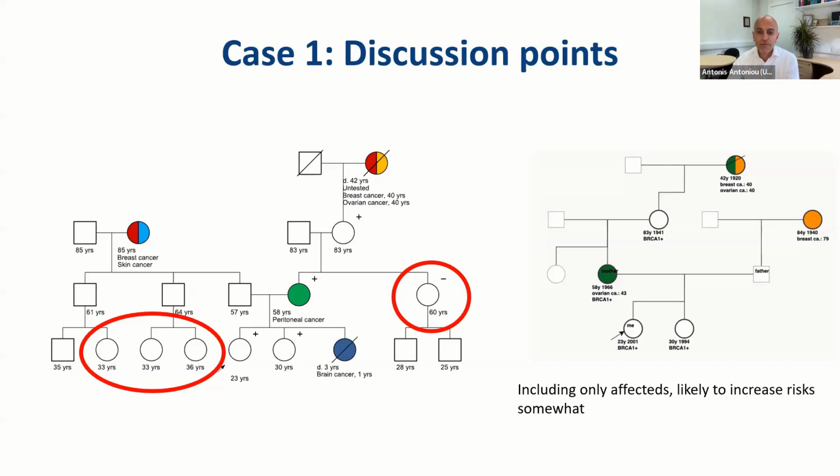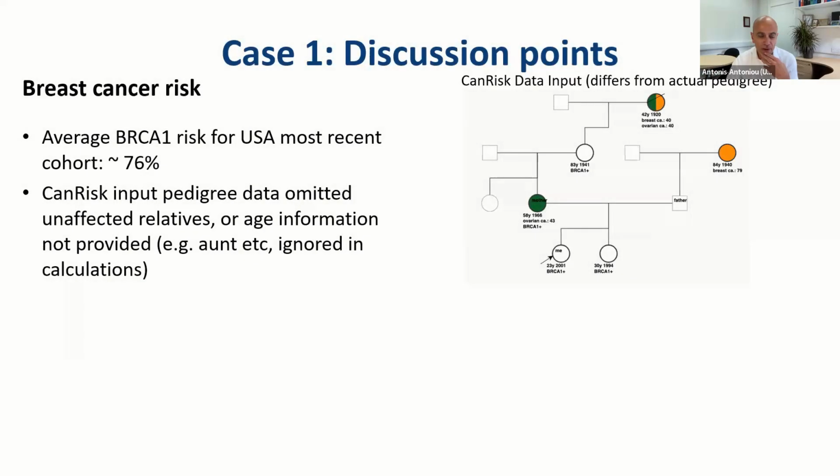So for example, information on the aunt would not be considered here, the fact that she was unaffected, or information on the cousins. So if by definition we are entering only information on affected relatives, then the risk is likely to be somewhat increased compared to when you also add the information on unaffected relatives.